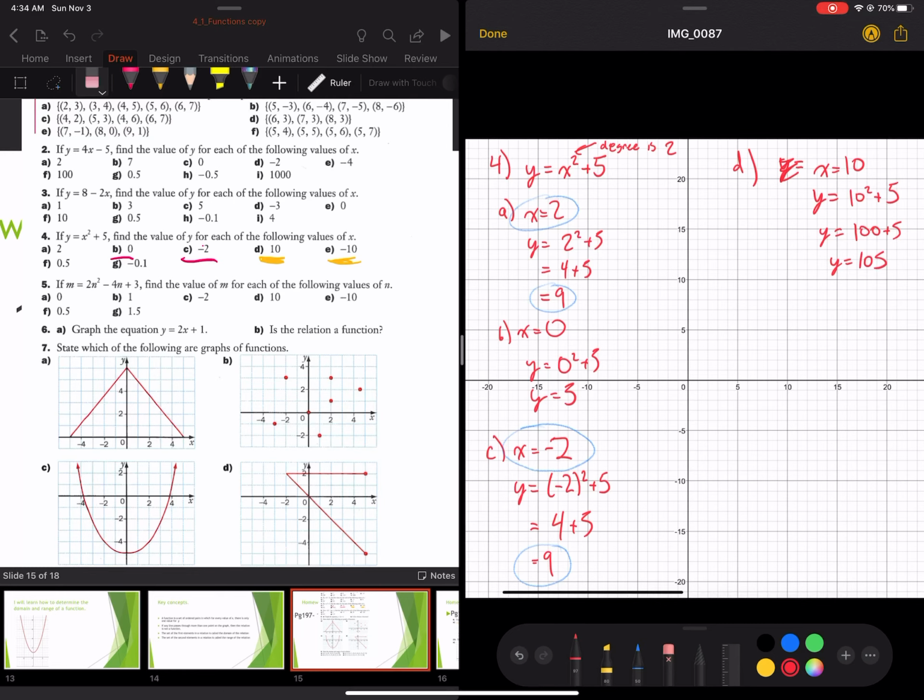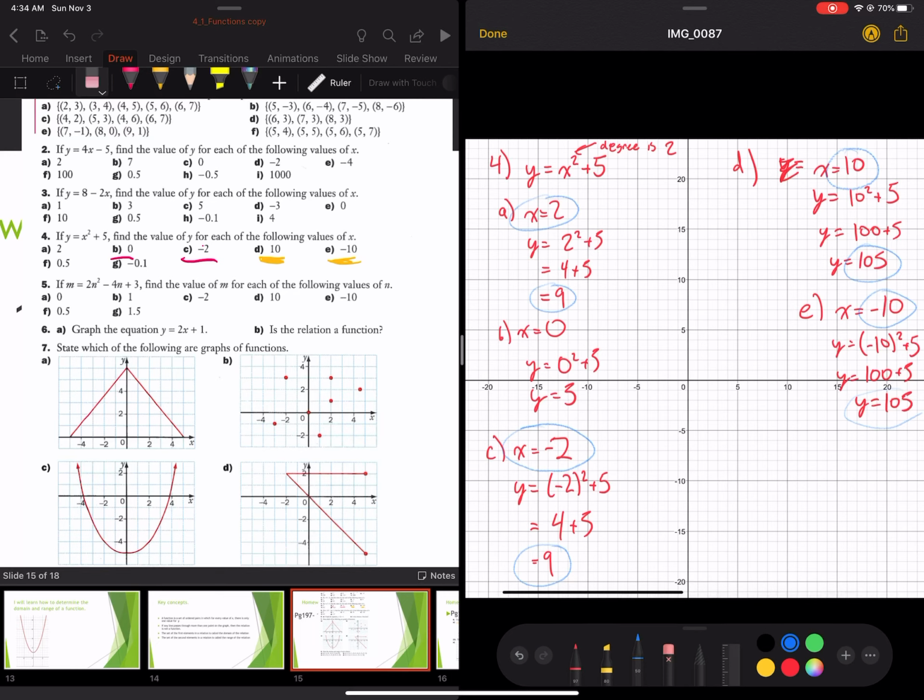When we look at E, and x equals minus 10, y is going to be equal to minus 10 squared plus 5, which is equal to 100 plus 5, which is equal to 105. Notice again, it didn't matter that it was negative or positive. The y ended up being 105.